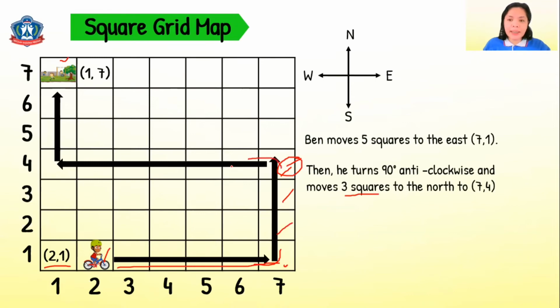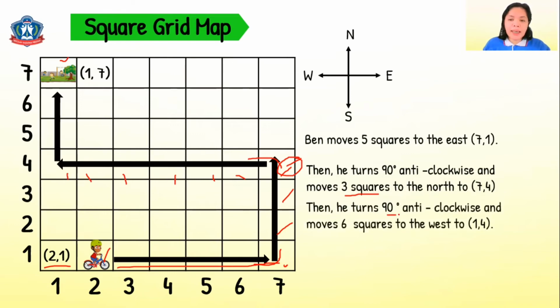That is still anti-clockwise. And he moves how many squares? 1, 2, 3, 4, 5, 6. 6 squares to the west, and that is 1-4. So this is 1-4.